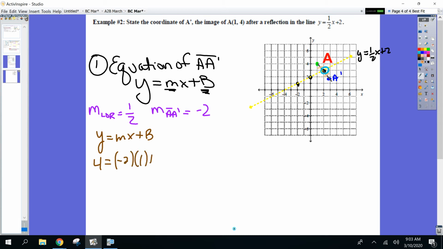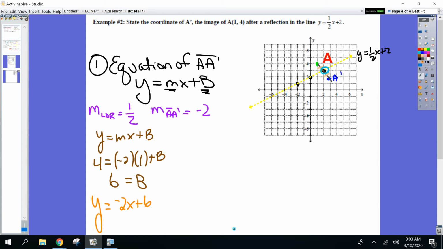Let's solve for B. What's the Y-intercept? -2, move it over. 6. So the equation of AA prime, Y equals -2x plus 6, okay?